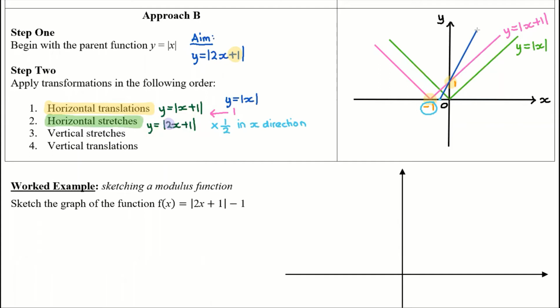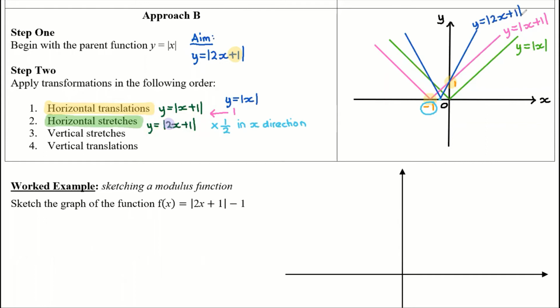So it has that stretch squeeze effect, doesn't it? So it's going to double the gradient essentially. And then the same thing is going to happen for the negative branch, as I call it. Okay, so let's label that. So this is going to be the final sketch, which is the modulus of 2x + 1.